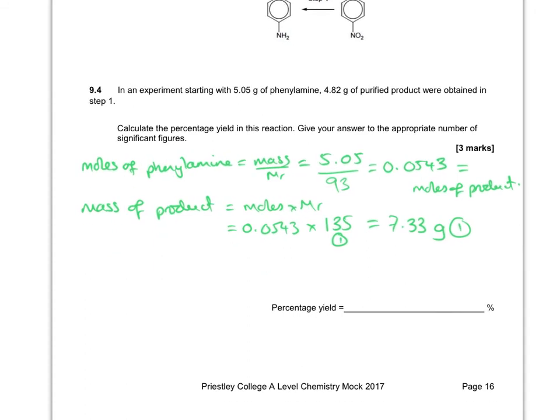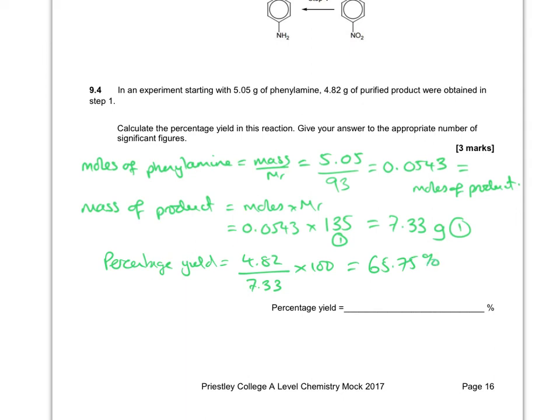Right, so I want the percentage yield. This is the actual mass that you ended up with, divided by the theoretical mass, or the maximum theoretical mass, times 100. So that gives you 65.75% yield.